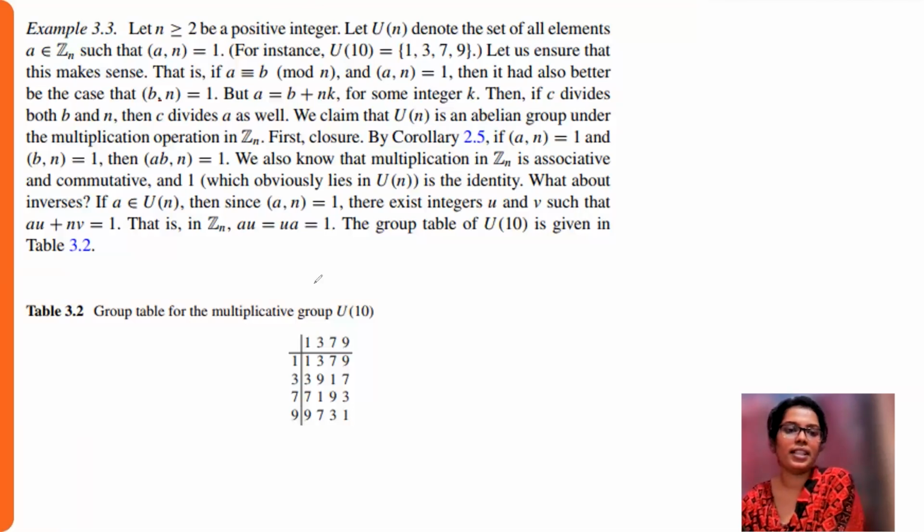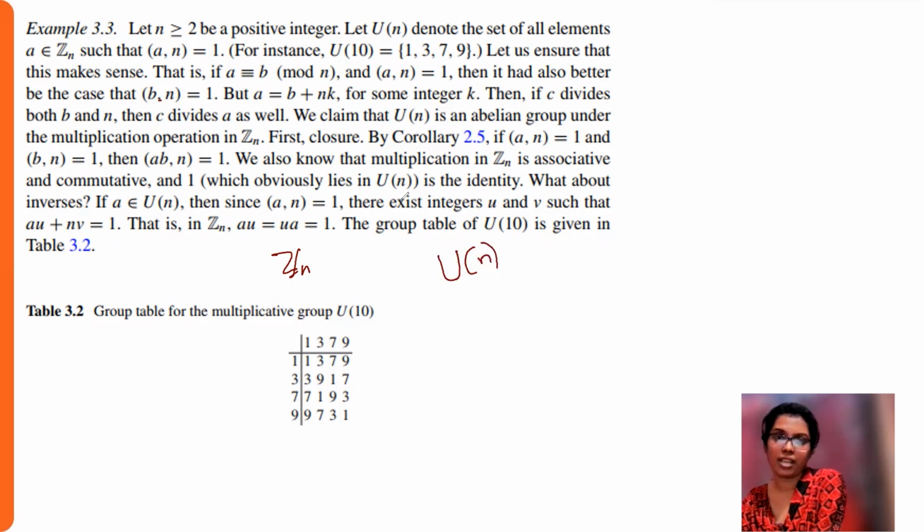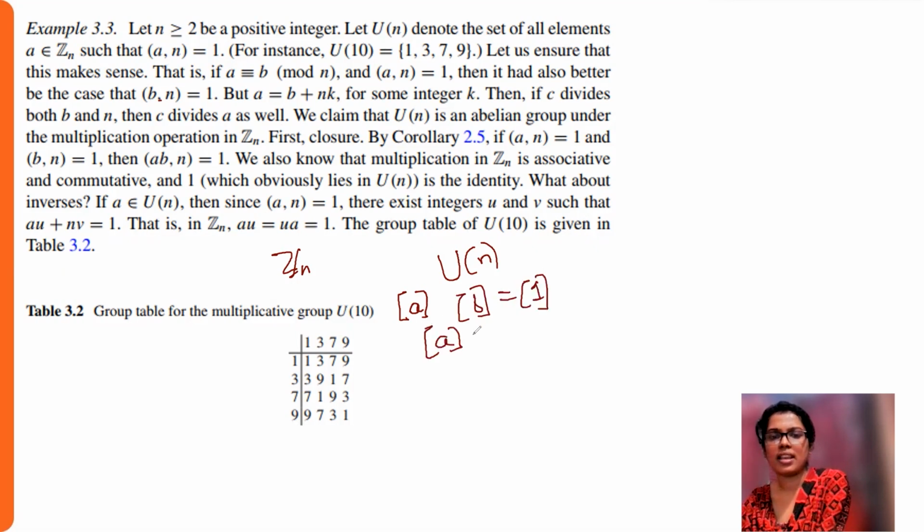Now suppose we take the integers. Since we have seen that Zn forms a group with respect to addition, we are not sure whether it forms a group with respect to multiplication or not. Suppose we have the class A and the class B. In order to have class 1, we should have class A equal to 1 over class B, right?